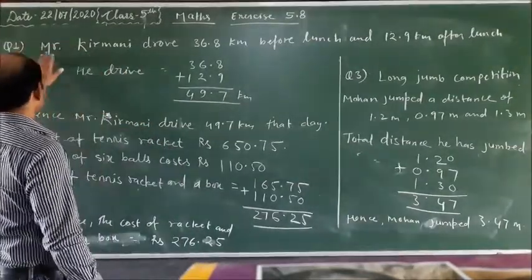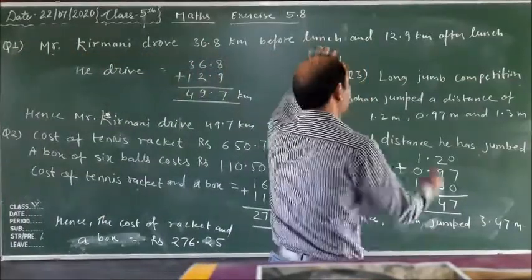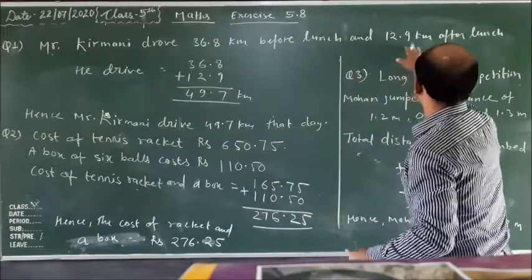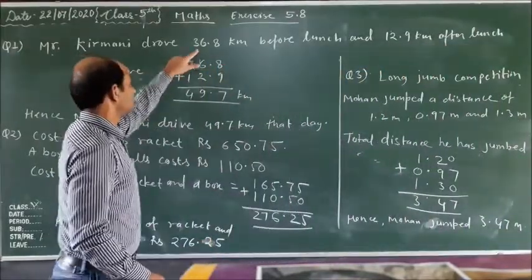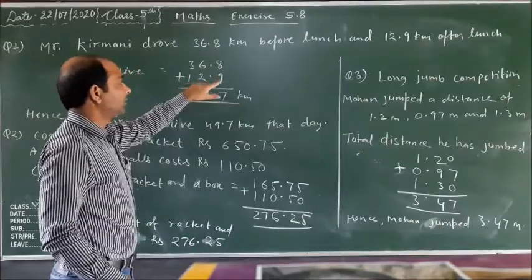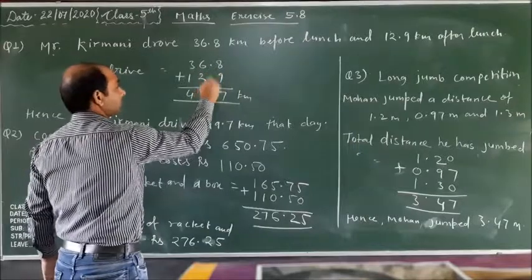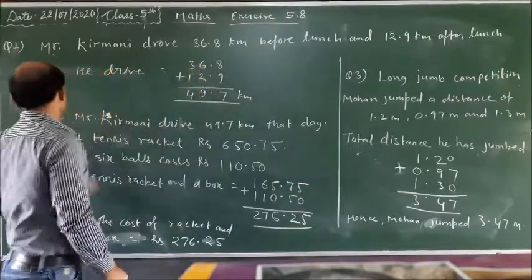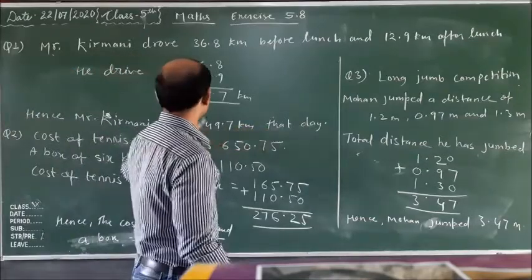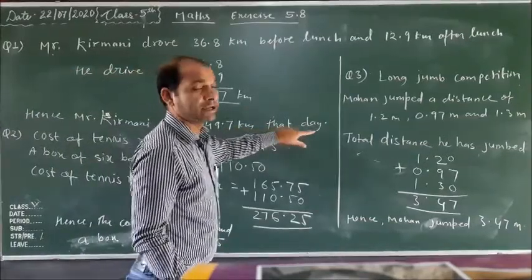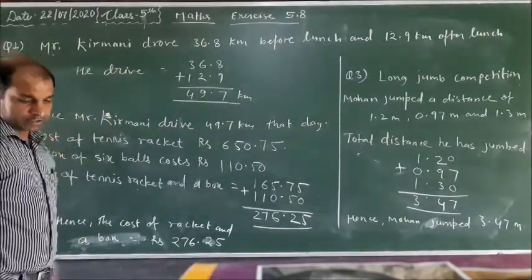So he drove 36.8 plus 12.9. 8 plus 9 is 17, 7 carry 1. 6 plus 2 is 8, plus 1 is 9, and 3 plus 1 is 4. Hence Mr. Kirmani drove 49.7 kilometers that day.